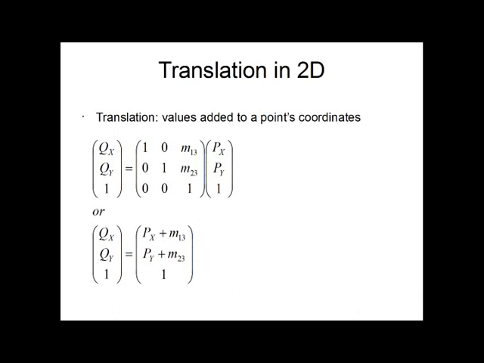And so what we end up with when we multiply this matrix with the point P is the resulting point Q, which will have the x coordinate of P with the translating factor for x added, and the y value of Q will be the y value of P with the y translating factor added. Simple enough. We're simply moving a point along a vector.